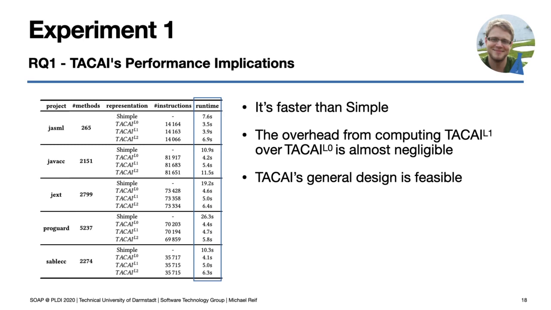It's only slower for JavaCC. Then we can also see that the overhead from computing TACAI L1 is almost negligible over computing TACAI L0. So we conclude that it's in general feasible to use TACAI, because it seems to be at least fast.